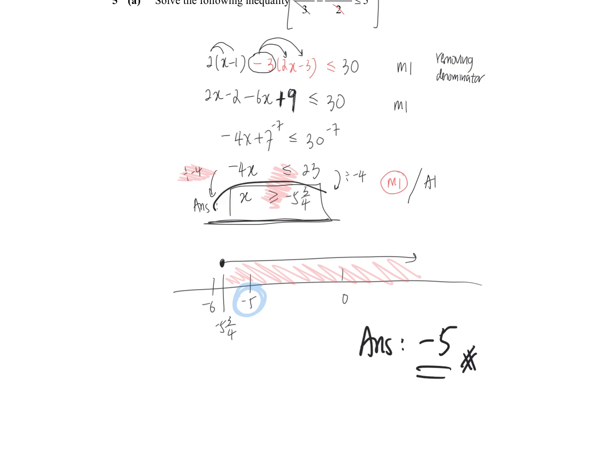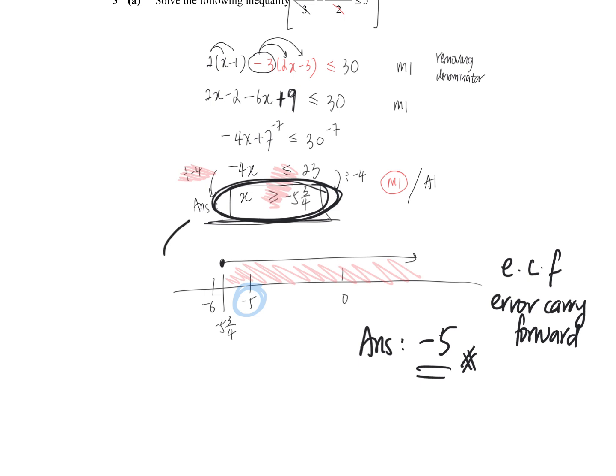But if this one is already wrong, let's say your inequality is wrong, but according to your inequality, you chose the smallest integer correctly, I gave you error carry forward. So if you see ECF, it means error carry forward. That means I already penalized you for everything here being wrong, but because from your inequality you managed to identify the correct smallest integer, I will give you an error carry forward mark. Okay, next.